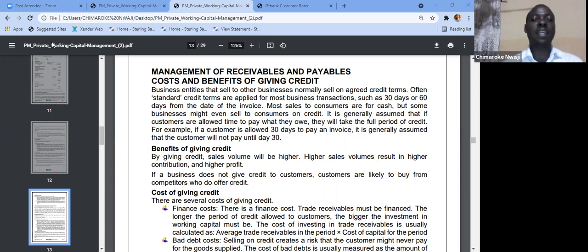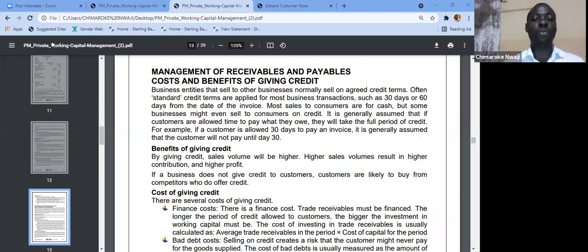Business entities that sell to other businesses normally sell on agreed terms. Often, the standard credit terms is that you pay up on or before 30 days, or sometimes on or before 60 days from the date of the invoice.